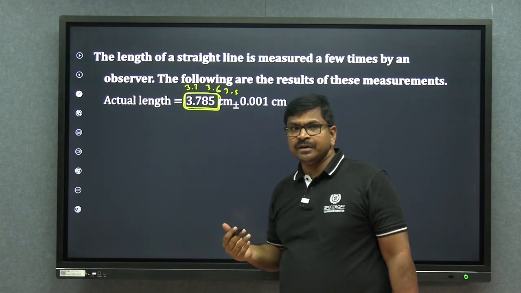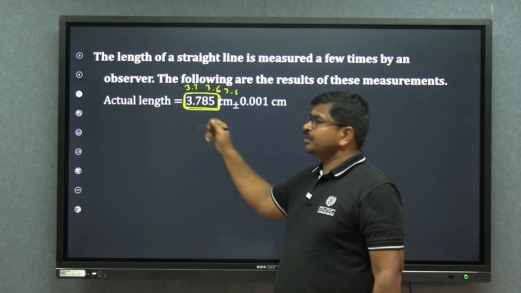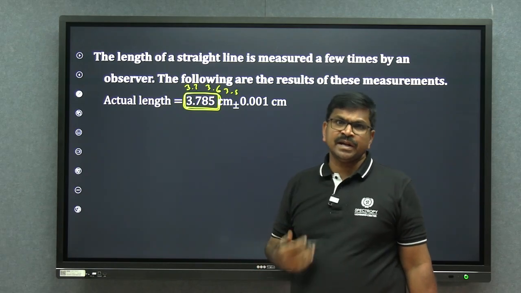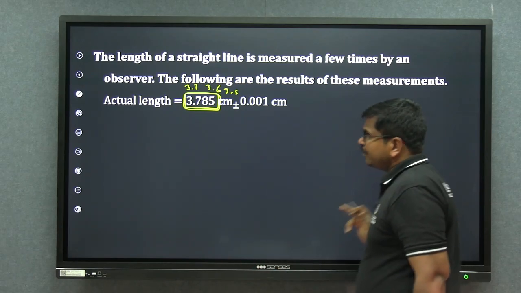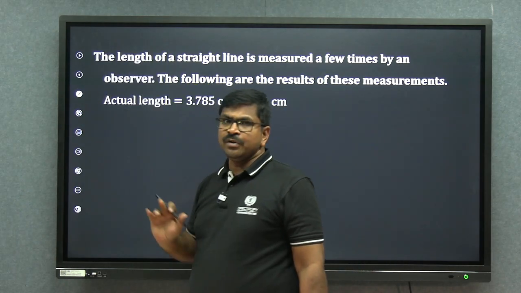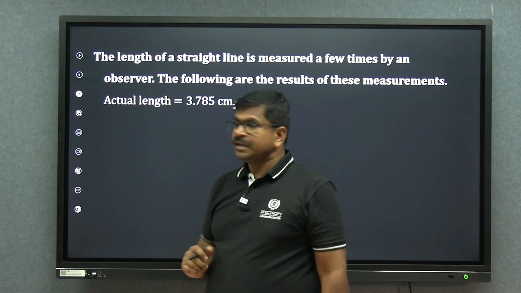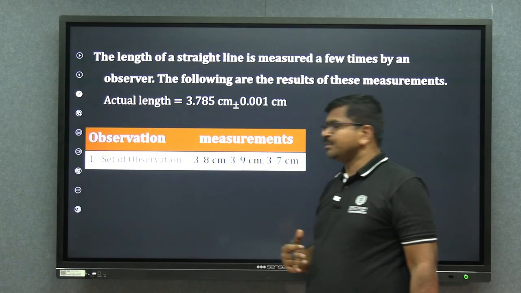If you have an instrument with 0.01 least count, you may get 3.78, 3.76 like this. So be careful: when the measurements are compared with the true value, always consider according to the least count.